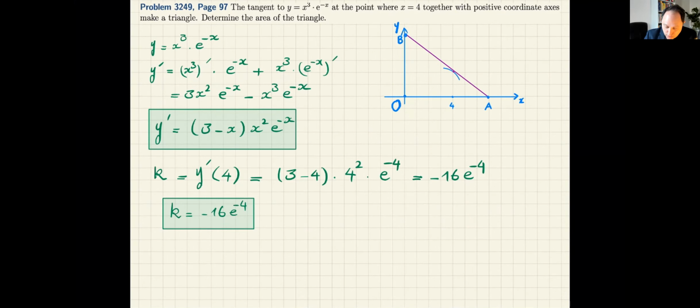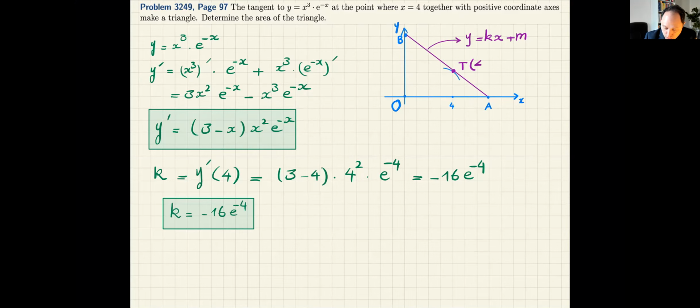But now you know that the equation of any tangent line, because that's a straight line, follows this form: k value times x plus the y-intercept, which is m. Of course, now if I ask you what are the coordinates of the point of tangency, it is easy to answer.